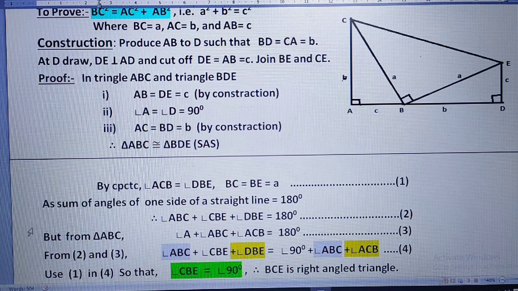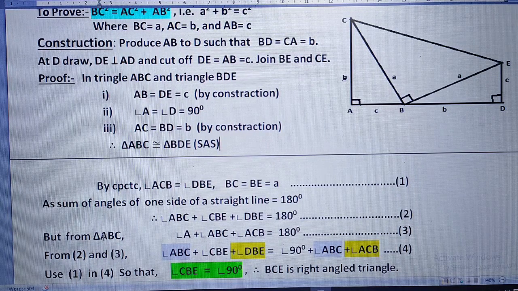As well, you know the sum of the angles on one side of a straight line is equal to 180 degree. See the figure, ABD is a straight line. Angle ABC plus angle CBE plus angle DBE is equal to 180 degree. That is statement number 2.